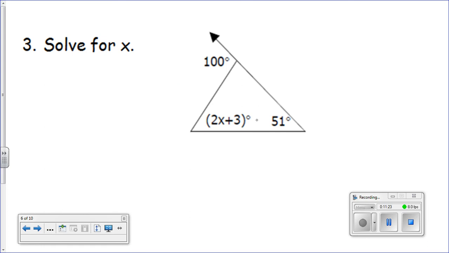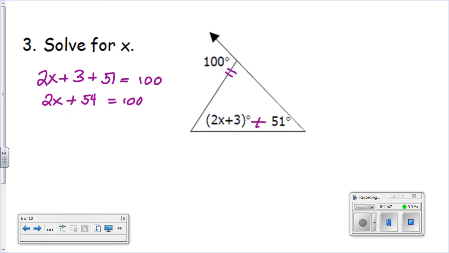The rule states that the sum of these two angles is equal to the one on the outside. So it's 2x plus 3 plus 51 equals 100. So put it all together, you end up with 2x plus 54 is 100.